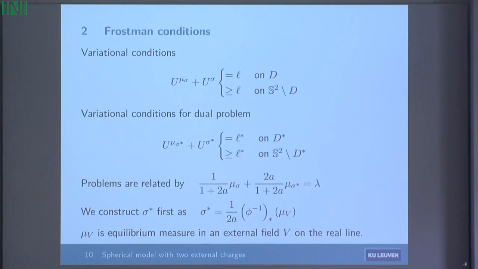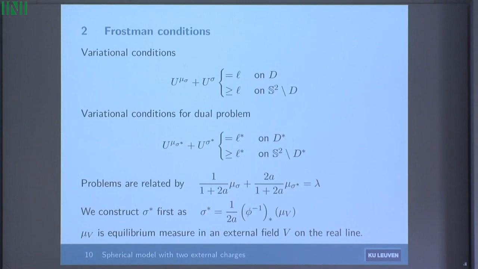So we're going to move to the complex plane with this stereographic projection, and we construct some measure mu v, which will be on the real line. If we then move it back to the sphere by means of the inverse stereographic projection, phi inverse, then this is the pullback of the measure that we construct on the real line, times this constant.